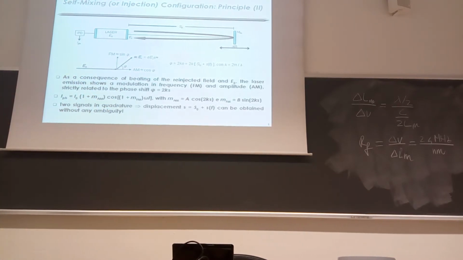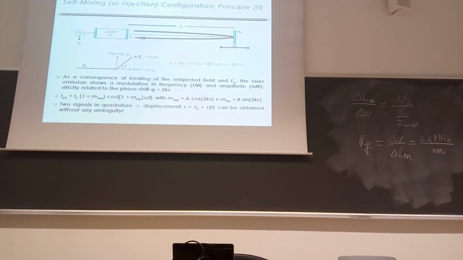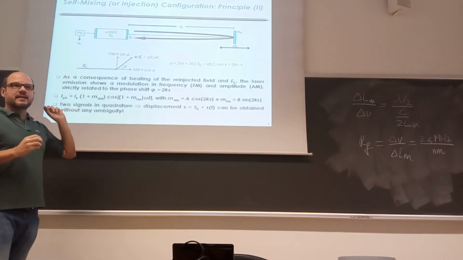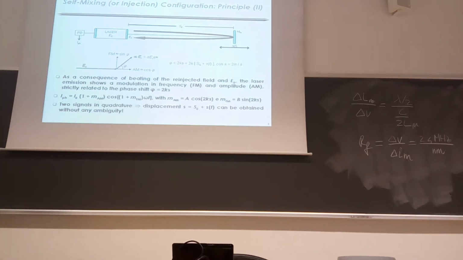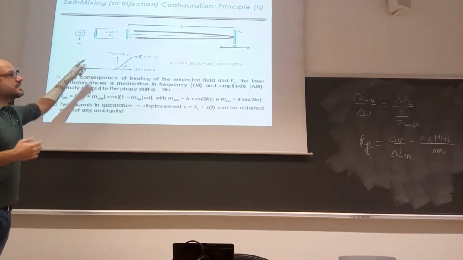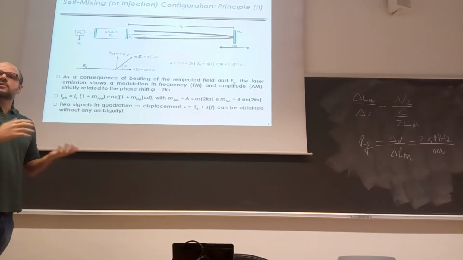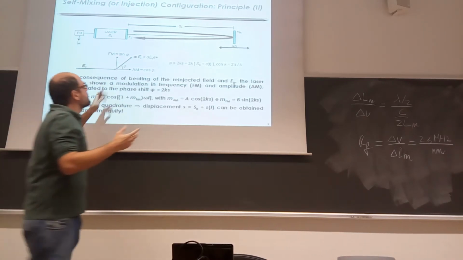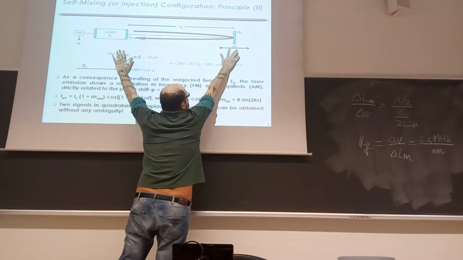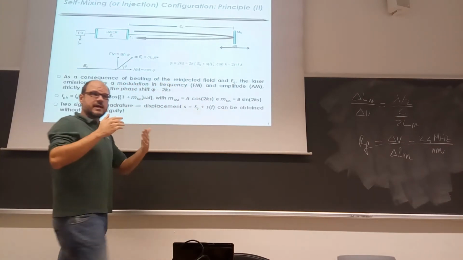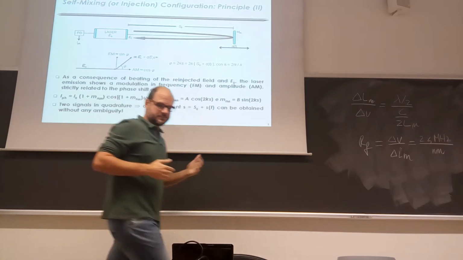Okay? And this is very important because this is happening inside the laser. Since you have allowed a part of the electric field to re-enter the cavity, now you don't have a continuous wave emission, but the amplitude and frequency of the laser changes, of course, if this mirror moves. Okay, you have this modulation.